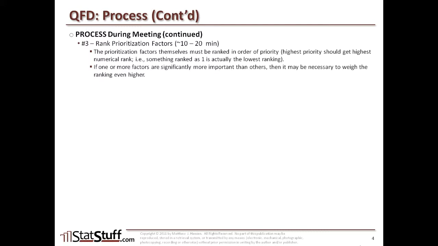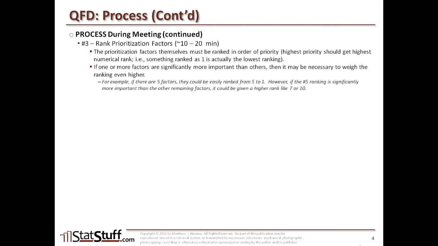Now, if one or more of your factors are significantly more important than others, it may be necessary to weigh the ranking to account for that greater level of significance. Let's say you have 5 factors. You could rank them from 5 to 1 in the example I gave earlier.